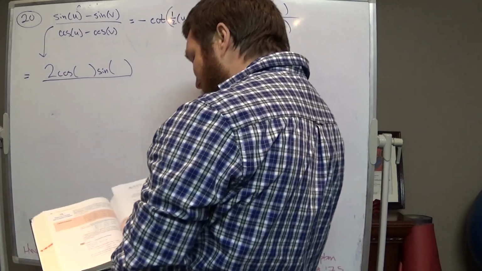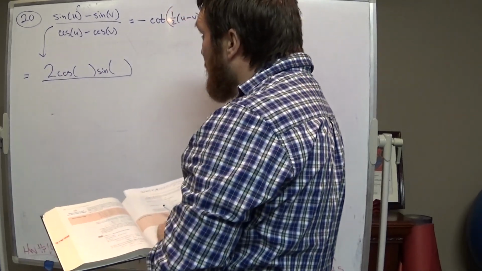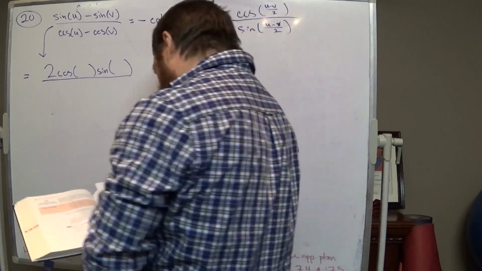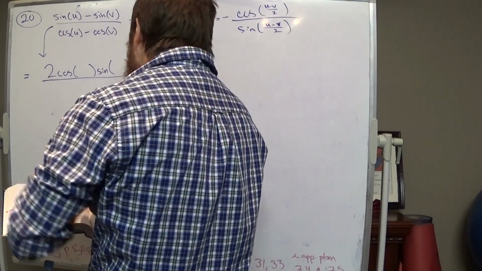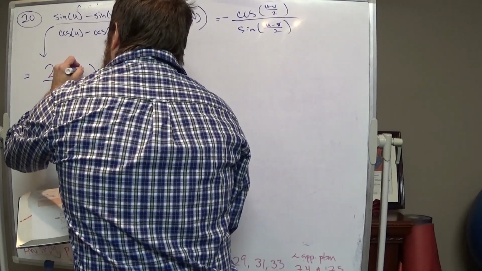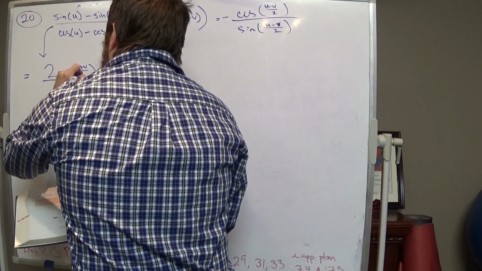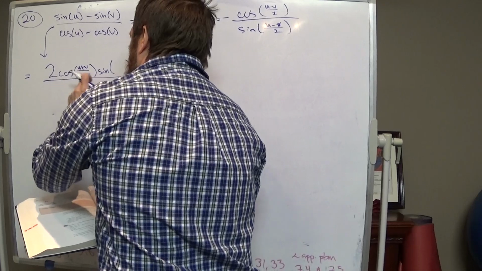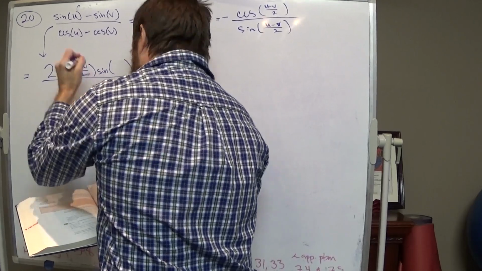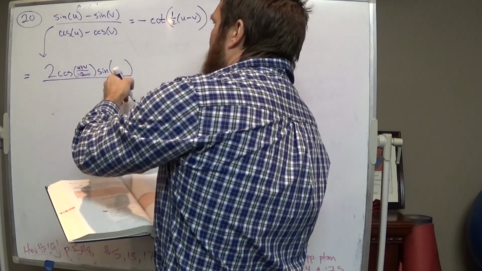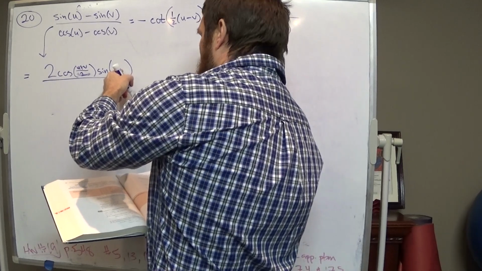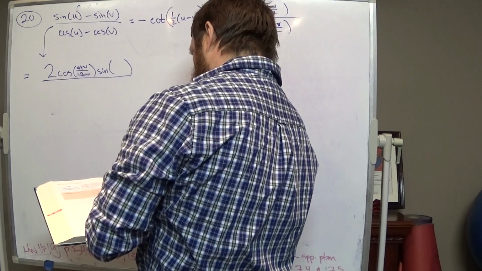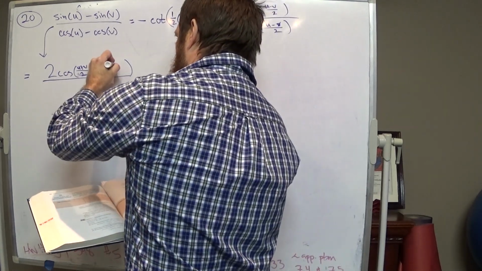And mine says A's and B's, but those are U's and V's. Uh-oh, what do I do? I'll just replace it with U's and V's. So that would be U plus V, U minus V, over 2. Okay. This is sine of U minus V, cosine sine, yes, U minus V.